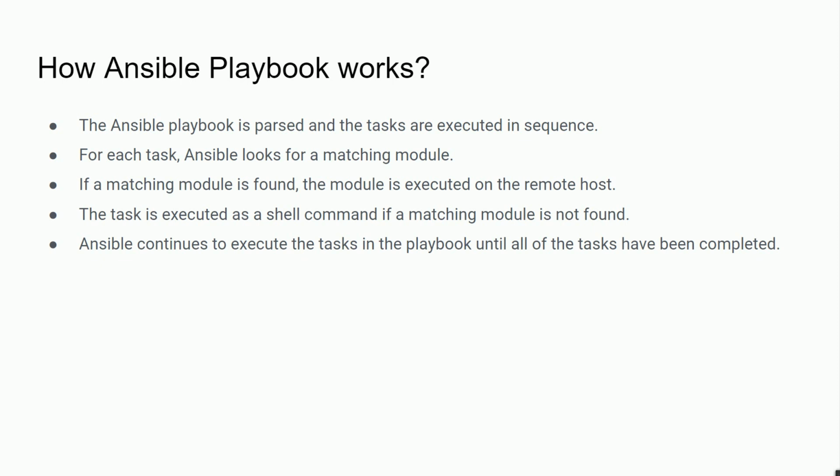It could be Perl, Shell, Ruby, Python, anything. Ansible continues to execute the tasks in the playbook until all the tasks have been completed. Whenever we run the playbook, Ansible starts the process, and it will complete once all the tasks have been completed successfully.